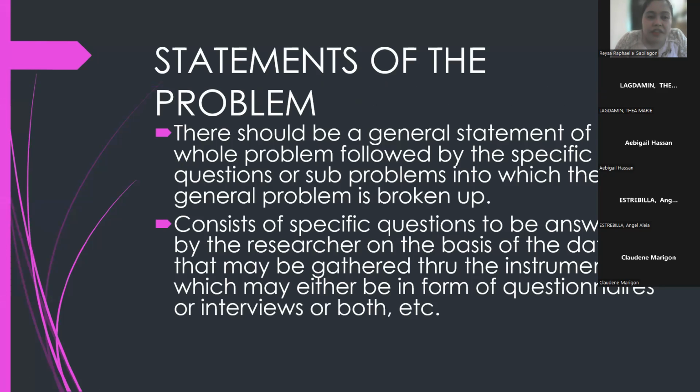It should start with the general statement or the objective of your research. Remember, you ended with the objective of the study in the introduction. But in the statement of the problem, you have to restate that. That will be the first thing that you need to write in the SOP. You have to restate the objective of your research, and then it will be followed by specific questions. Okay? Again, it will be followed by specific questions.